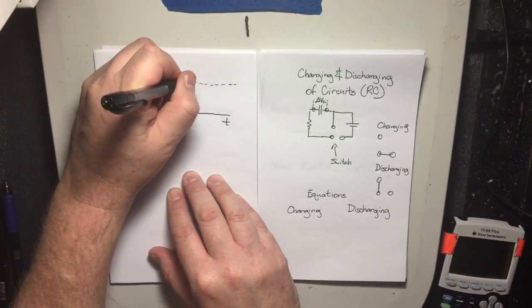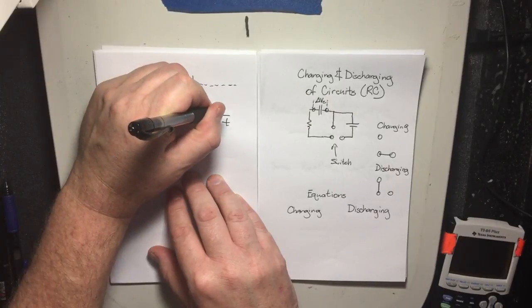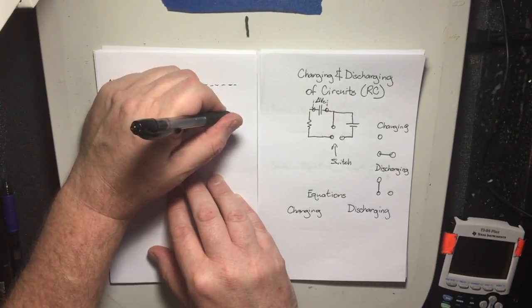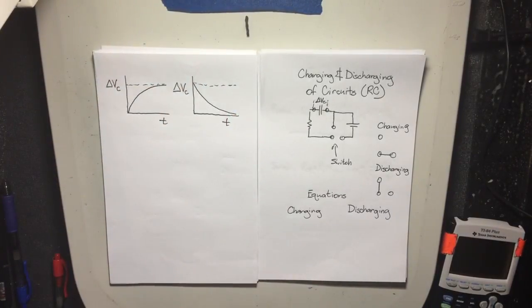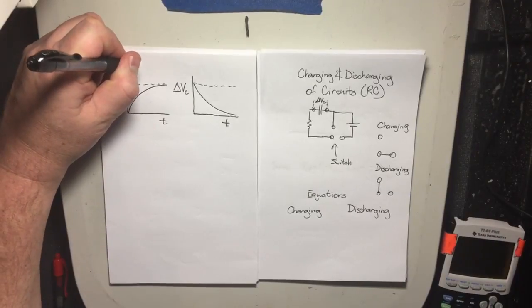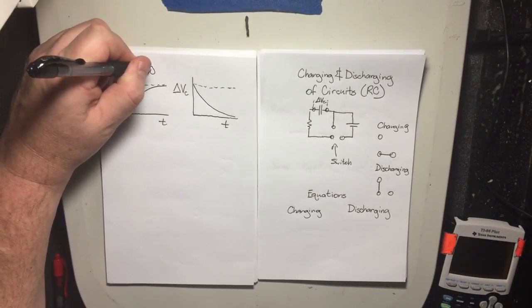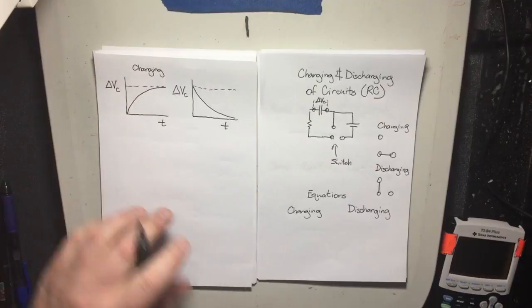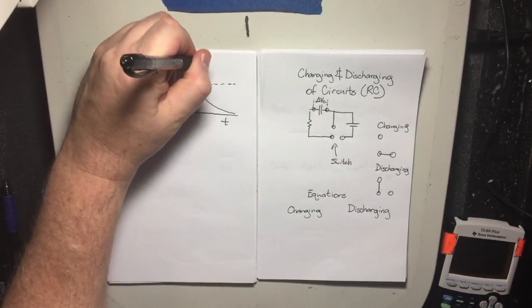In the other case, our circuit looks like that. Now, obviously, the potential difference across the capacitor, when it's charging, increases as a function of time, so it looks like this. When it's discharging, it looks like this.